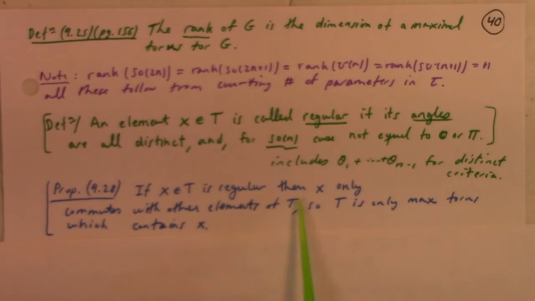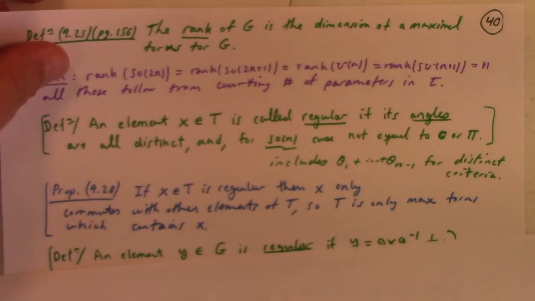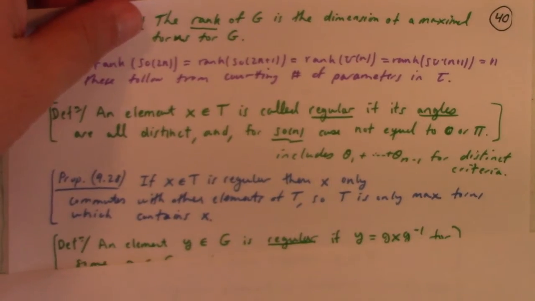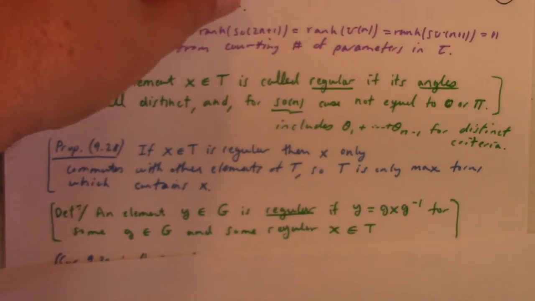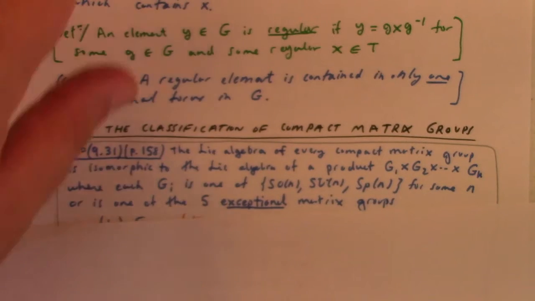Proposition: if x in the torus is regular, then x only commutes with other elements of T. So T is the only maximal torus which contains x. Cool. So those irregular elements, I guess they could be in more than one.